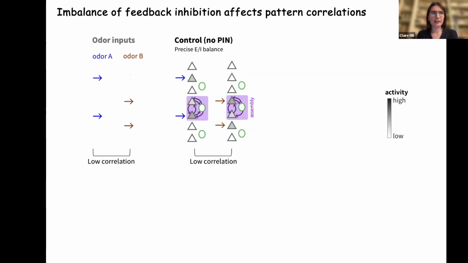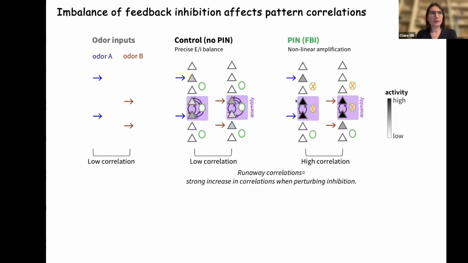Now, if we partially inactivate feedback inhibitory neurons, this correlation will strongly increase. And this strong increase is what we call runaway correlation. So why do we see this strong increase? First, because neurons belonging to the same assembly received input from both odor A and odor B. And when you do not have a precise balance of feedback inhibition, these inputs can be amplified a lot within the assembly because of the increased connectivity within the assembly.